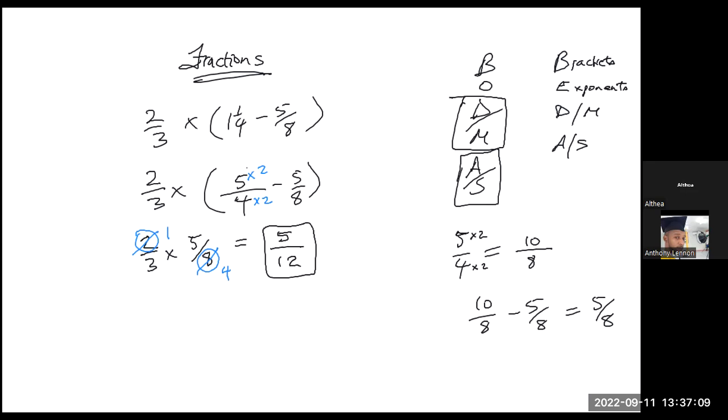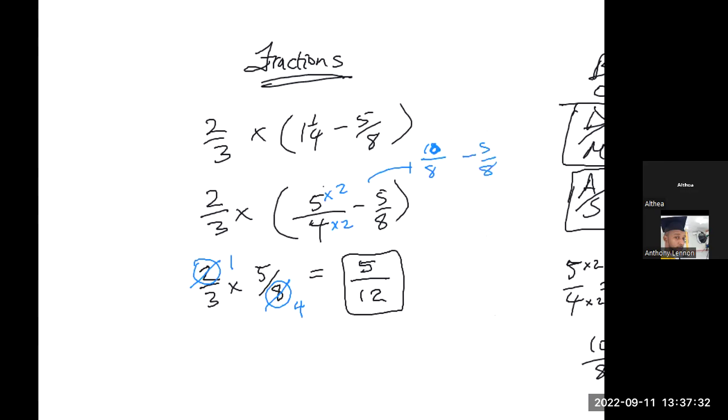You keep the denominator, so you're subtracting the numerators only. 10 minus 5 is 5, and I keep the denominator, which is 8, because 4 twos is 8. So 10 over 8 minus 5 over 8 gives me 5 over 8, and that's the answer.